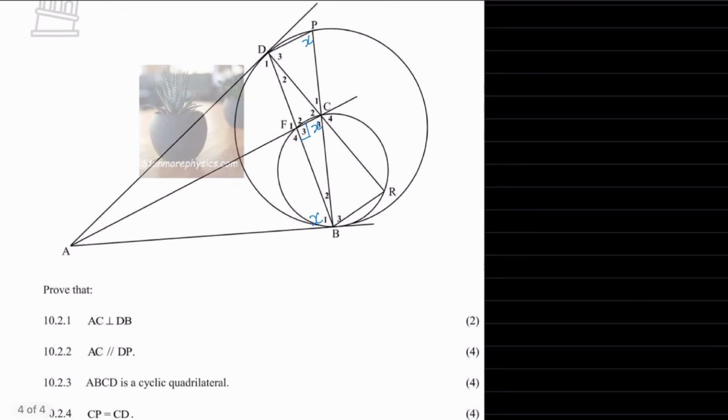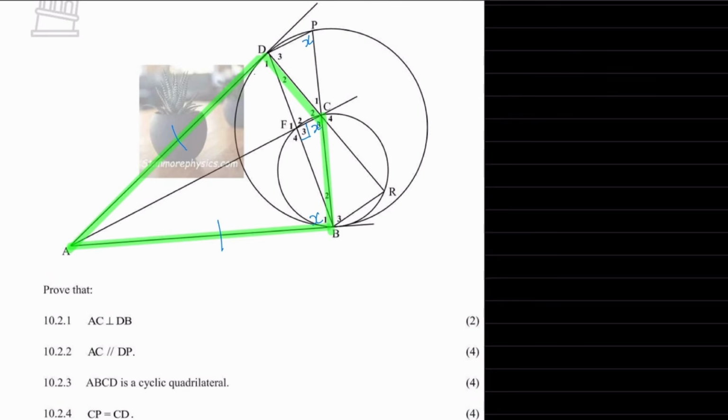10.2.3, prove that ABCD is a cyclic quadrilateral. To prove that ABCD is a cyclic quadrilateral, so this shape right here, what we'll do is we'll start with these tangent lines. AD and AB are tangents that originate from the same point, meaning that they are equal in length.